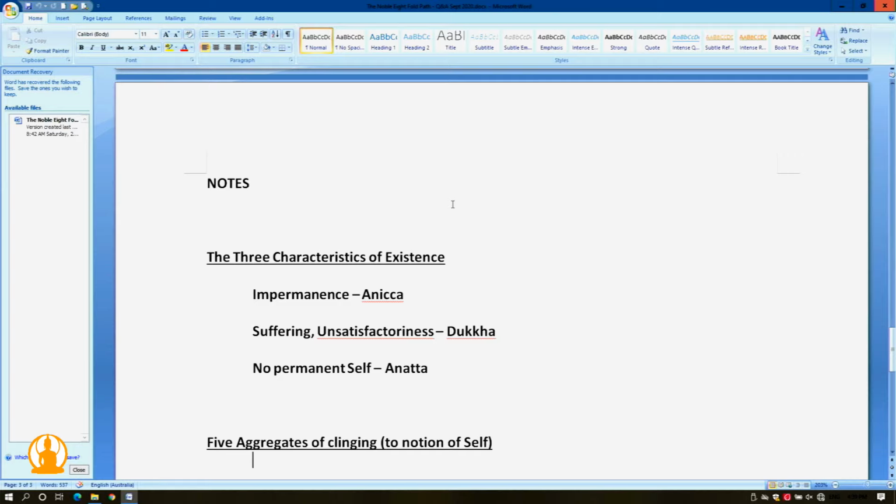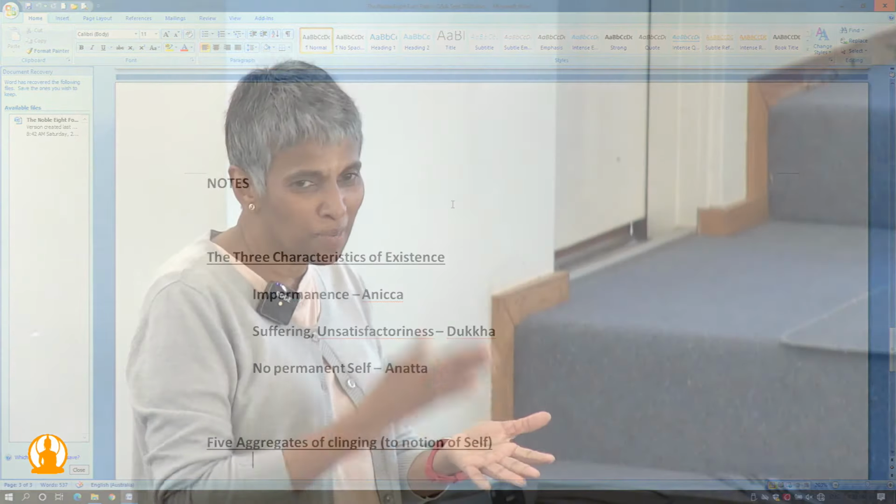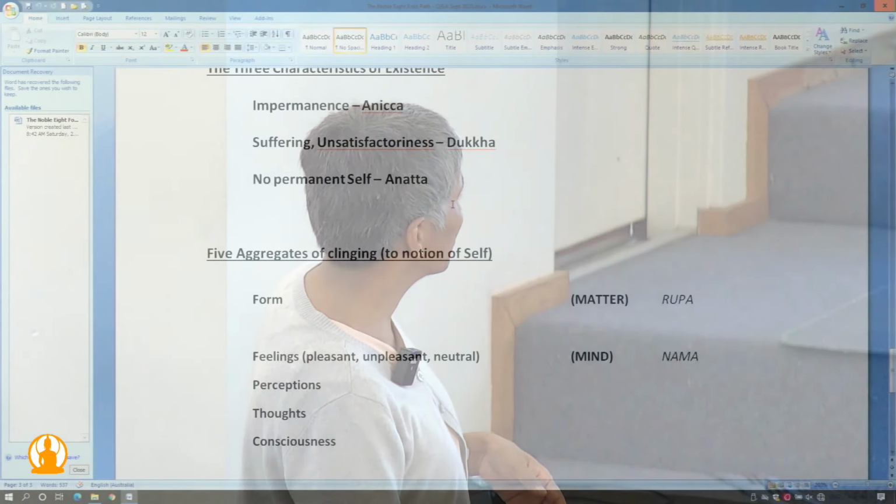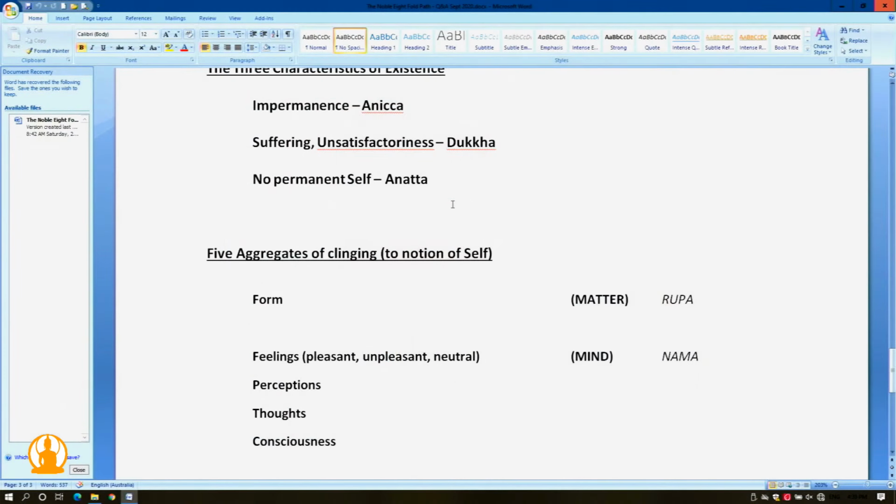And that there is no permanent abiding self in all of this. For example, to see the five aggregates clearly requires the sharp, penetrative mind, which has to be developed through meditation. That's the five aggregates of clinging to the notion of self.